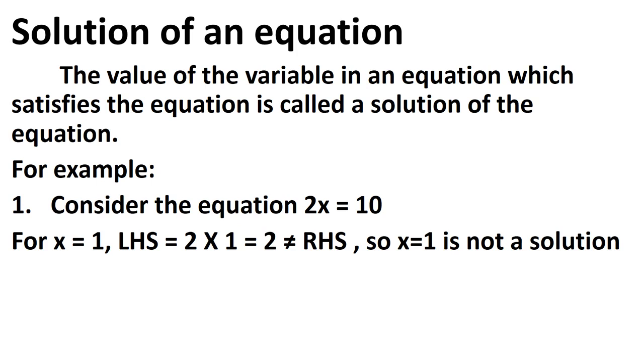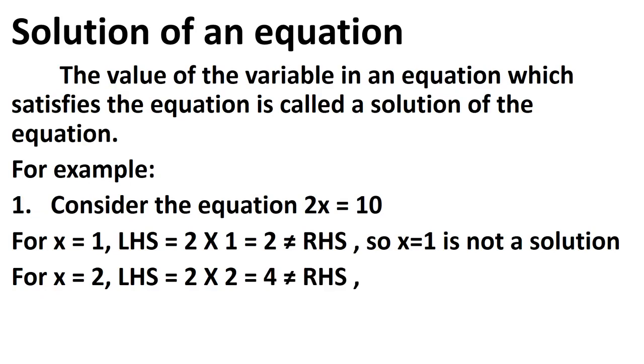Now we will put x equal to 2 on the left hand side in place of x. 2x means 2 multiplied by x. For x equal to 2, left hand side equals 2 multiplied by 2, which is equal to 4. And it is not equal to the right hand side. So, x equal to 2 is not a solution.